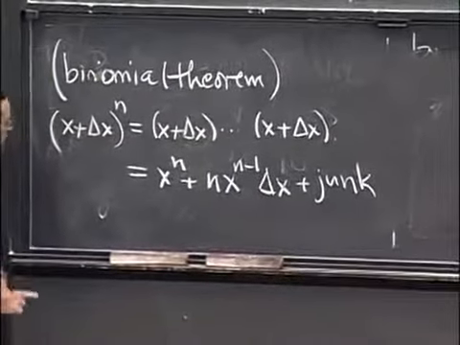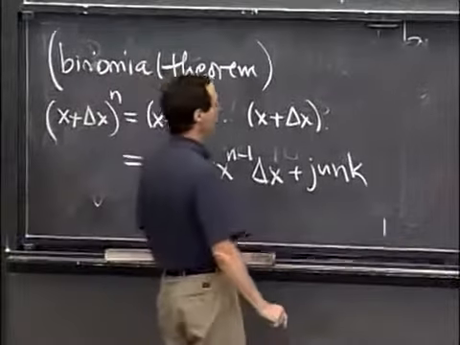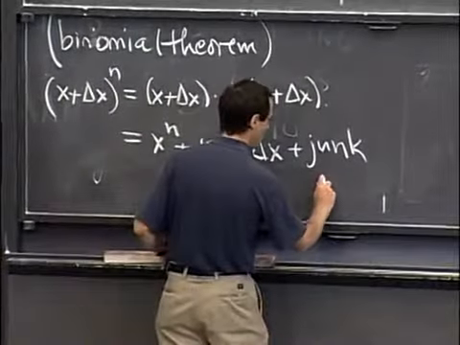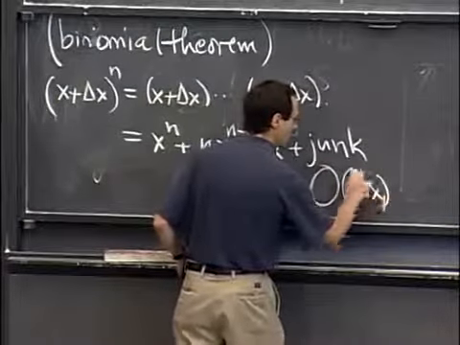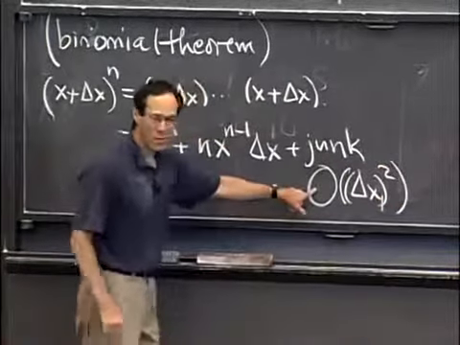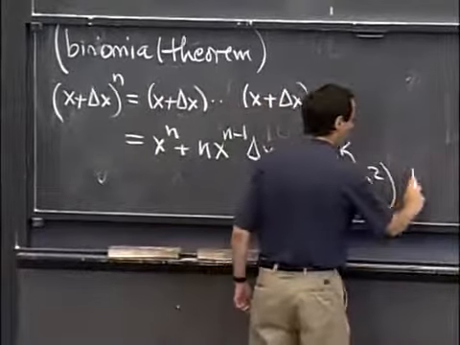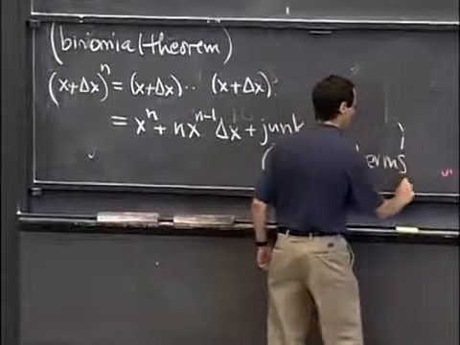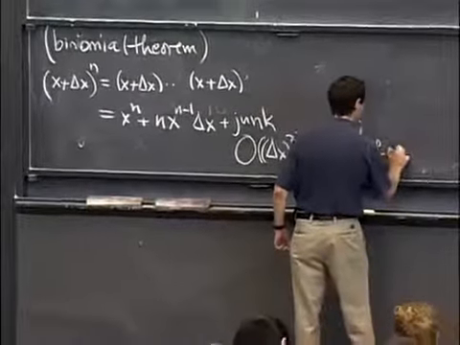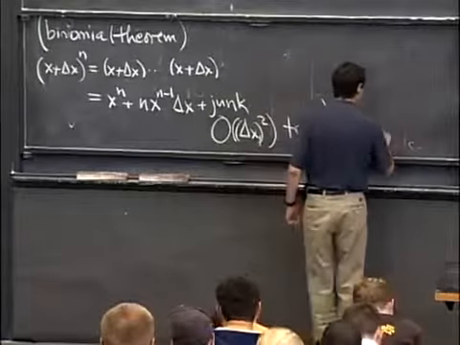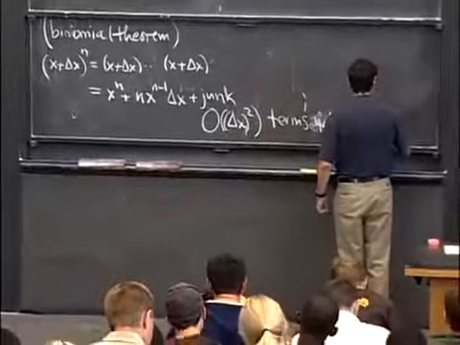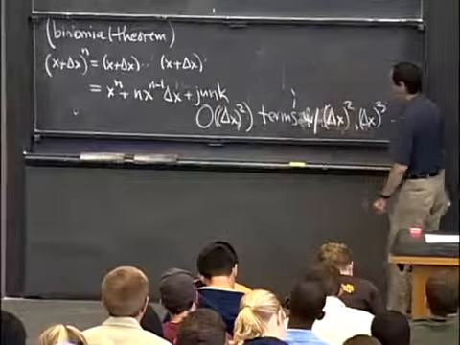So to be more specific, there's a very careful notation for the junk. The junk is what's called big O of delta x squared. What that means is that these are terms of order delta x squared, delta x cubed, or higher.